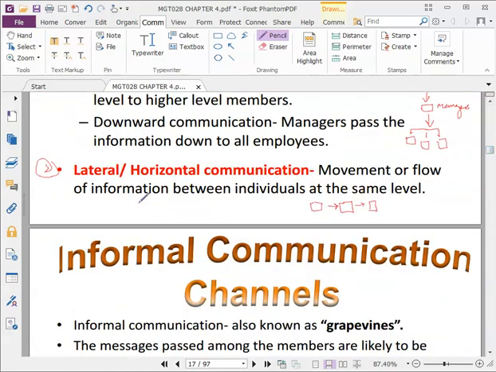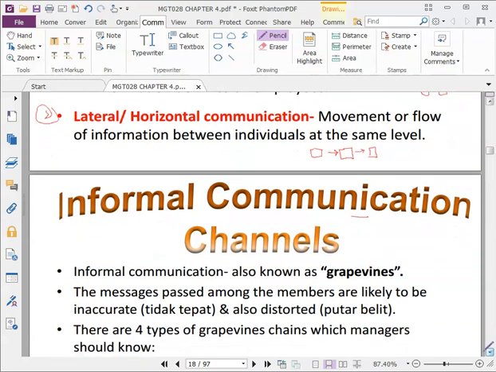Okay, but for informal communication channel, okay, so dia ada banyak. Informal tu maksudnya grapevine. Okay, the messages passed among the members are likely to be inaccurate and also distorted. Okay, contoh macam mana informal communication yang you dapat maklumat daripada Facebook. Tak semestinya betul, right? Okay, dekat YouTube.